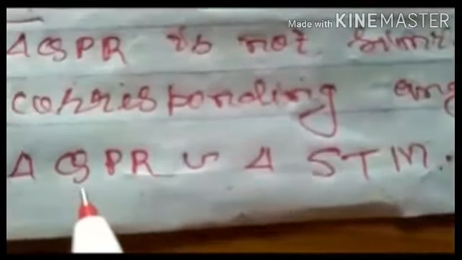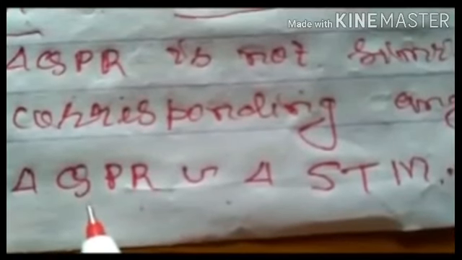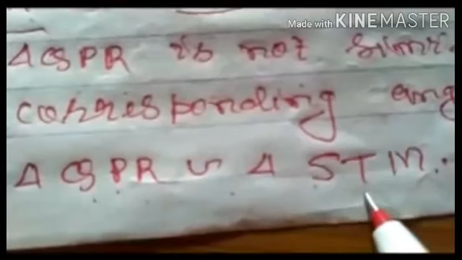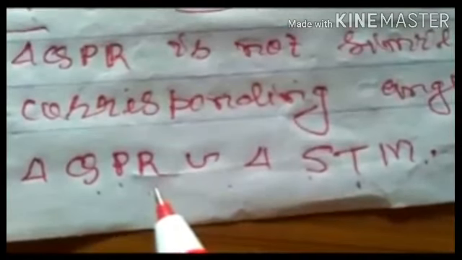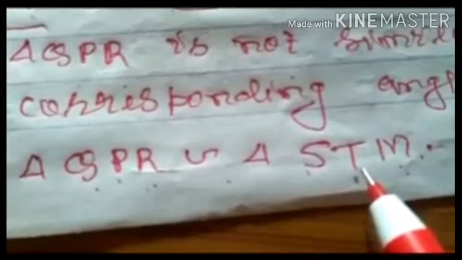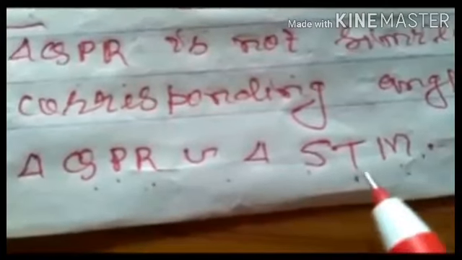Why? Because angle Q corresponds to angle S, that is 25 degree. Angle P corresponds to angle T, that is 55 degree. Angle R corresponds to angle M, that is 100 degree. So in this way, these two triangles will be similar. This is by the property of similarity.